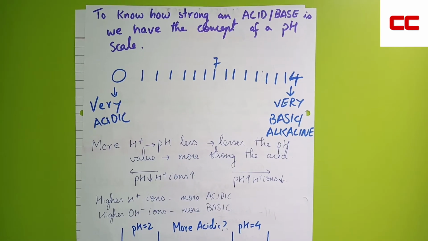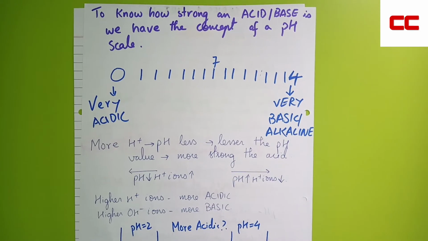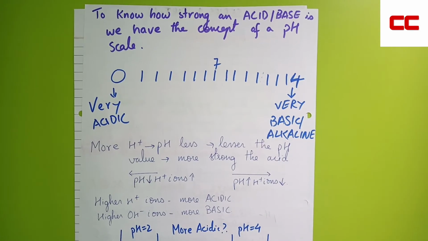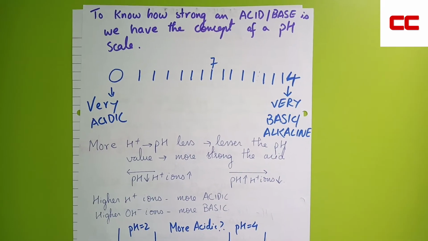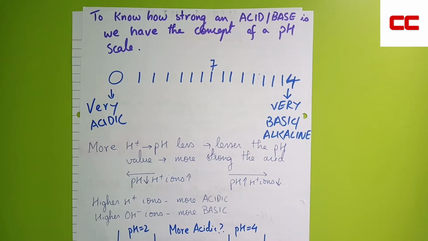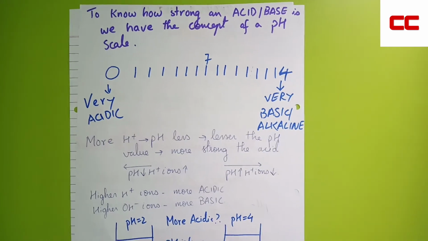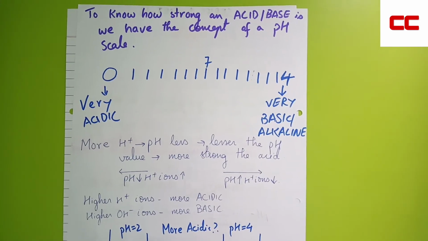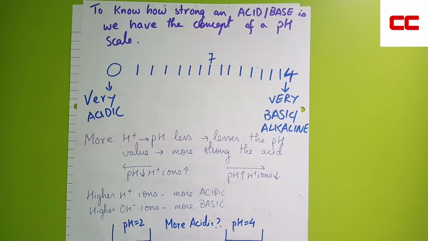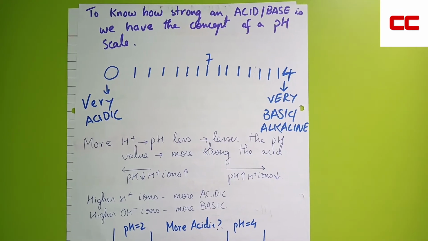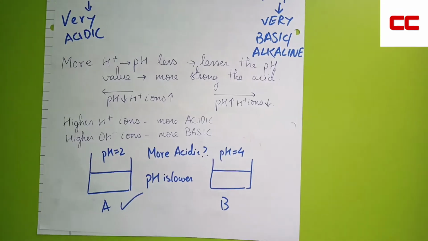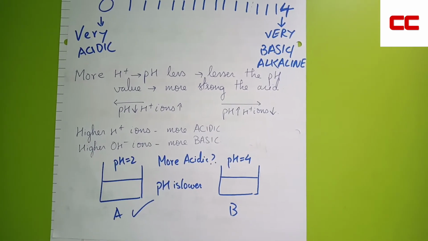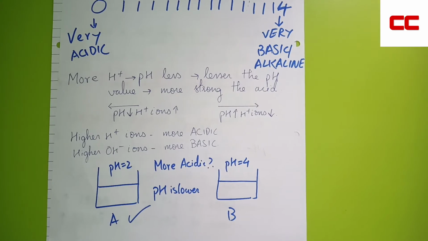So the more the H plus ions, the pH will be very less, and the lesser the pH value, the stronger the acid. If you want an acid to be very strong, then the pH of that acid should be very less, and if you want the pH to be very less, then you should have more H plus ions in that solution. So going from the middle to the left, you have understood that the pH decreases from 7 to 0.